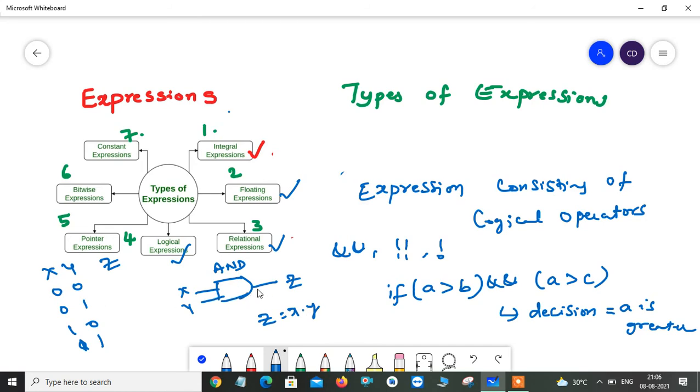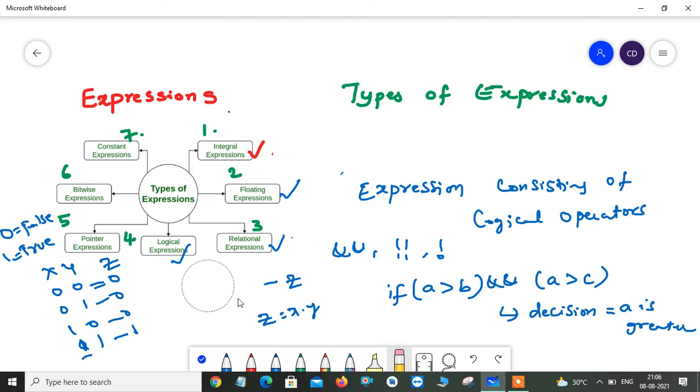What your AND gate says is, if both conditions are true. In Boolean representation, 0 is for false and 1 is for true. If expression 1 is false and expression 2 is false, then it evaluates to false. If both expressions are true, then it will be true. In all remaining cases, it results in false. So this is your logical AND gate.